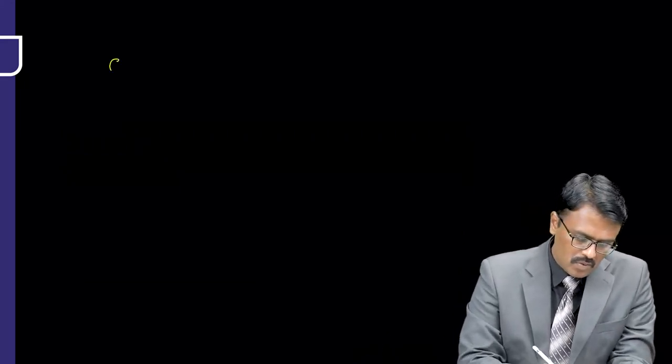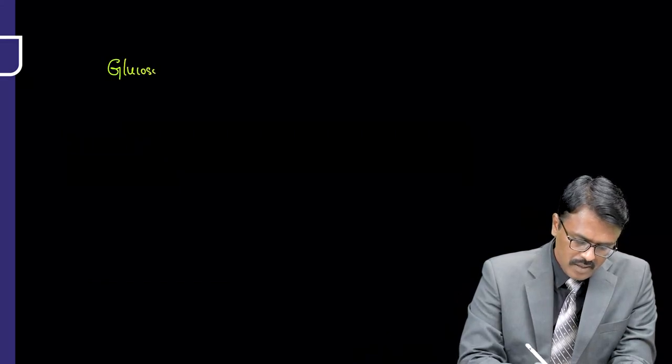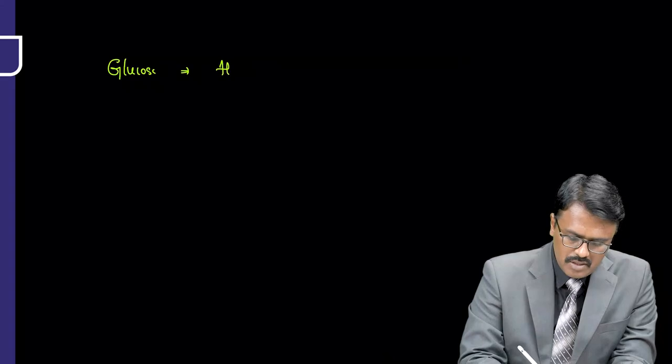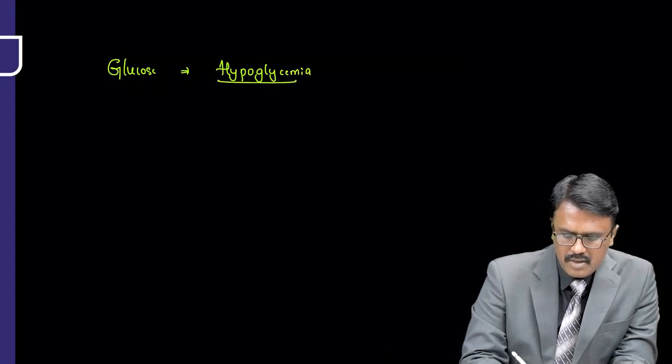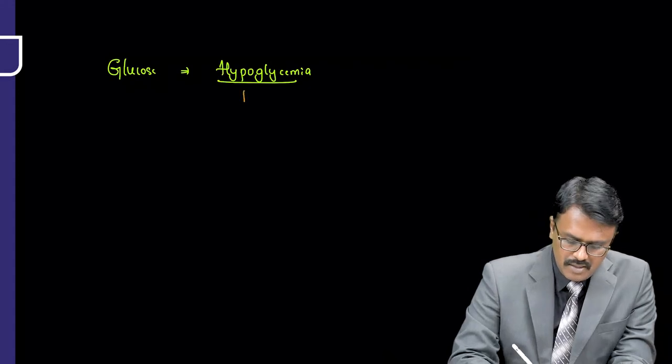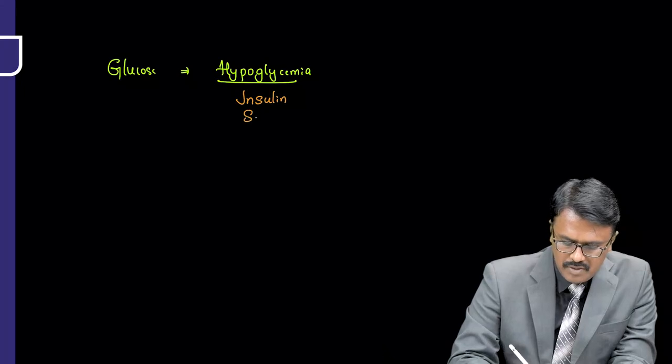The next point I need to tell you about these drugs, in summary, is glucose. Please understand which diabetic drugs cause hypoglycemia. Hypoglycemia is produced by insulin, sulfonylureas, and meglitinides.